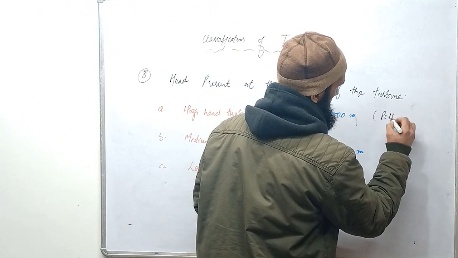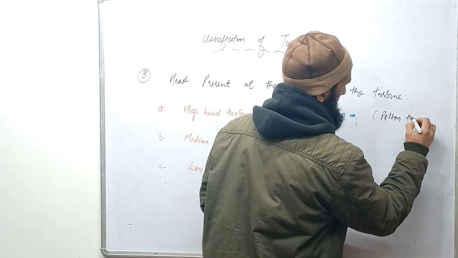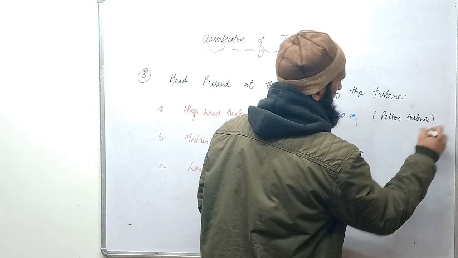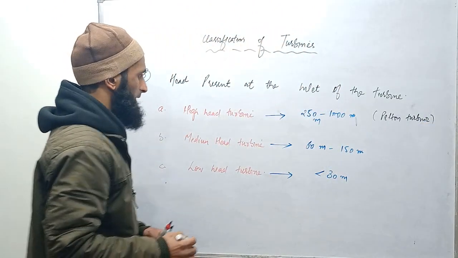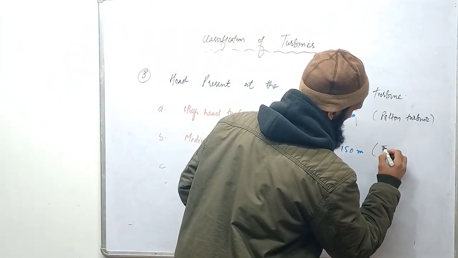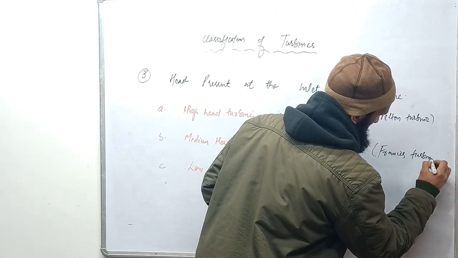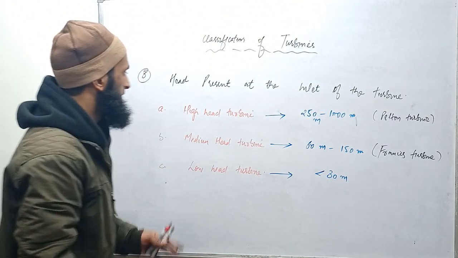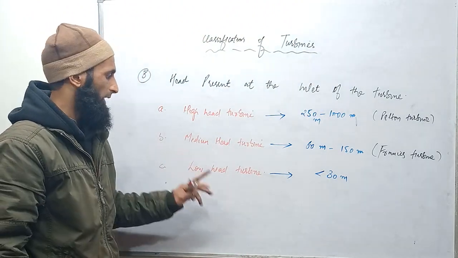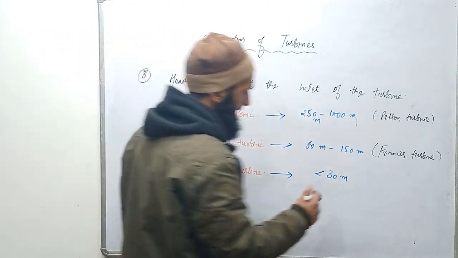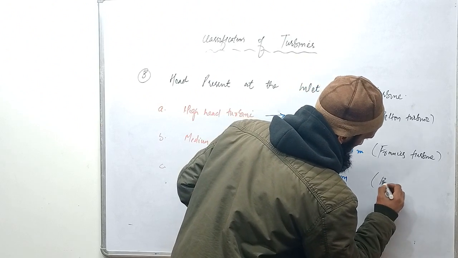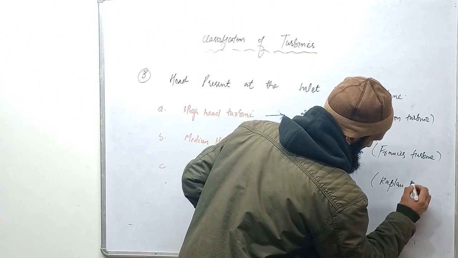In case of high head turbine, we have an example, the Pelton turbine. Pelton turbine is the example of a high head turbine, and Francis turbine is the example of a medium head turbine. In the low head case, we have the Kaplan turbine.